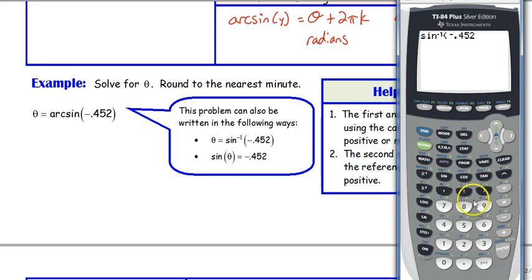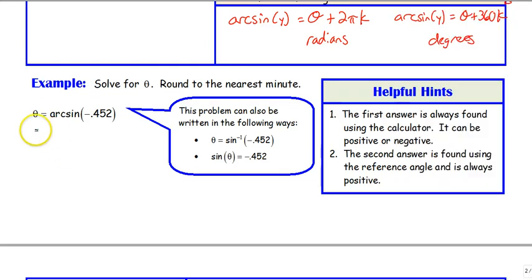So you hit enter, and that's the angle, however we want it to the nearest minute. So I'm going to hit second apps 4, and I get negative 26 degrees and 52 minutes because that does not round up. So let's write that down. I get theta is equal to negative 26 degrees and 52 minutes.